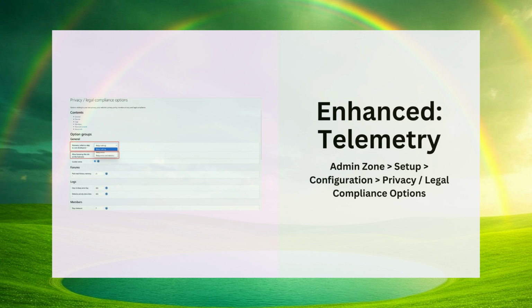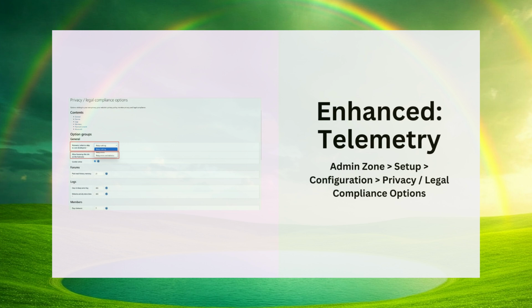After upgrading, be sure to check out your new settings located under the Admin Zone, Setup, Configuration, Privacy Legal Compliance settings. Namely, check out the Telemetry What to Relay to Core Developers setting, and the Allow featuring this site on the home site setting.